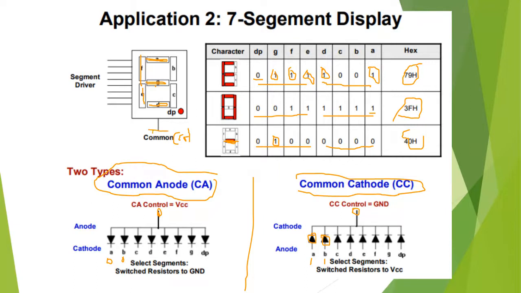We must send 1 to turn on the LED. So this is also the same idea. We can understand that it is a common cathode system if it is written that it is CC, or the common point is connected to the ground. Okay, so is the idea okay? Is it clear?